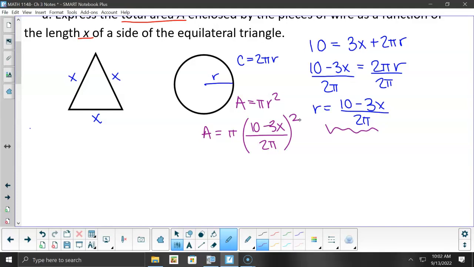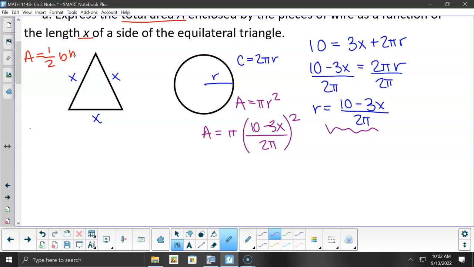Yes? All right, now I got to figure out the triangle. How do I find the area for a triangle? 1/2 base times height. So what is the base? X. Do I have the height?